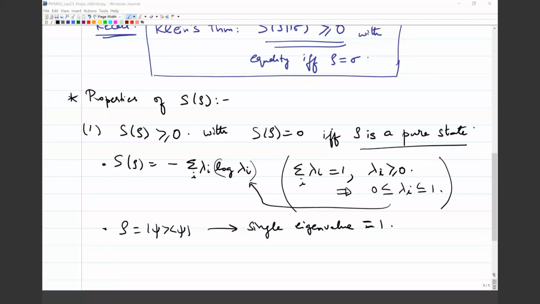The second thing is what is the maximum value, right? So what is the maximum and when is it attained?